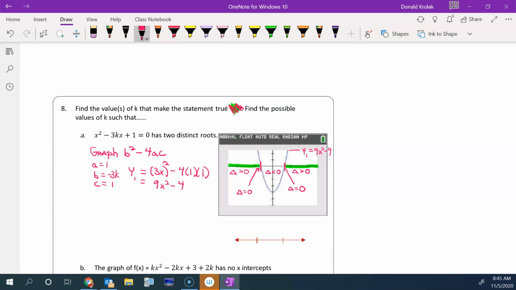Now which part are we looking for if we're looking for two distinct roots? Yep, we're looking for where delta is positive.